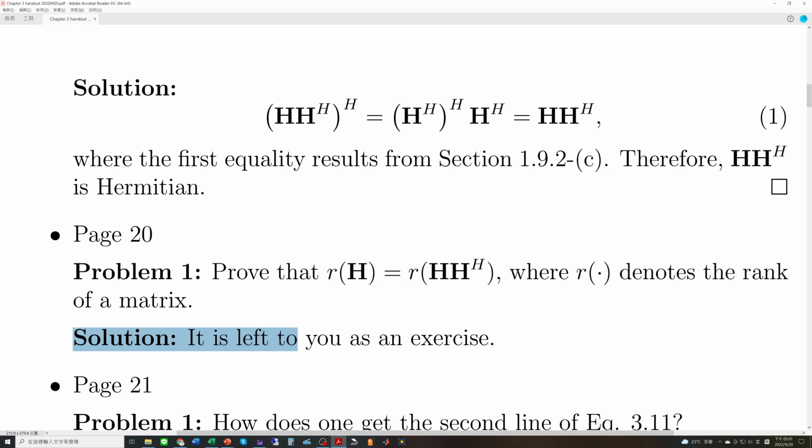Solution, it is left to you as an exercise. Because I believe that you have taken the course linear algebra when you were freshmen, and if you have taken this course, you should be able to solve this problem.